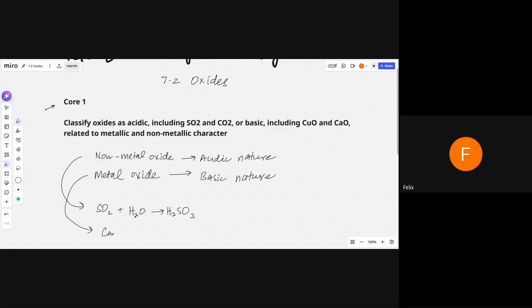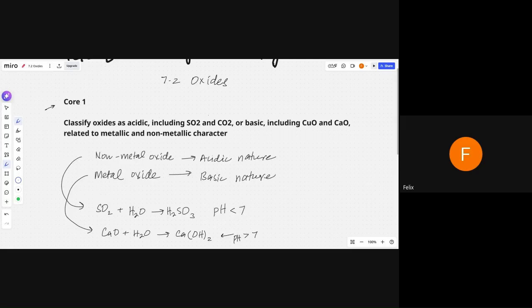Calcium oxide, when it is dissolved in water, produces calcium hydroxide, and we know that metal hydroxides are alkalis, or basic. They have a basic nature. So the pH of this solution will be greater than 7, and the pH of the acidic solution will be less than 7, making it acidic.